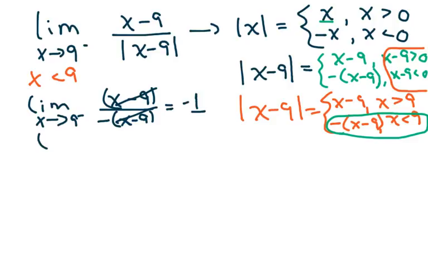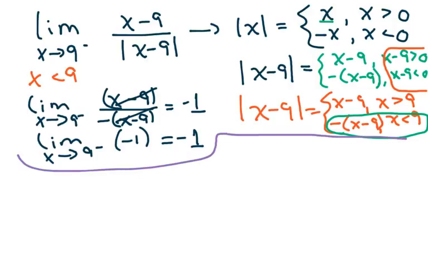So you have the limit as x approaches 9 from the left of negative 1, and the limit of a constant is just the constant, so that's negative 1. All right, and now let's take it from the right side. That's going to be the limit as x approaches 9 from the right. All that means is x is bigger than 9, and here we have it right here.